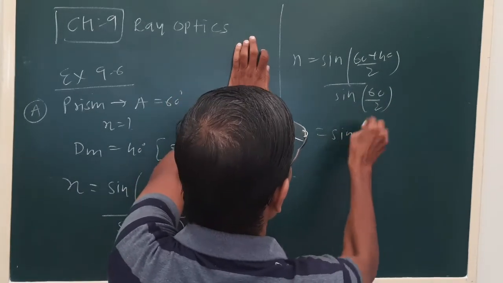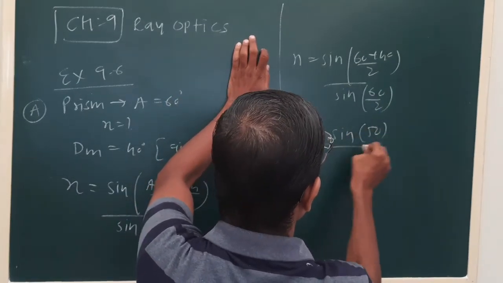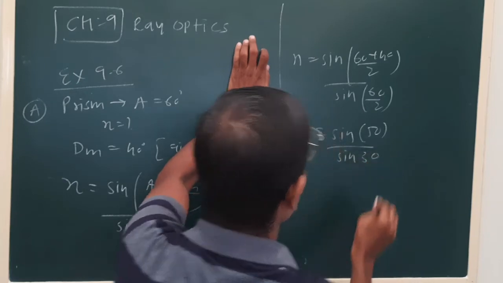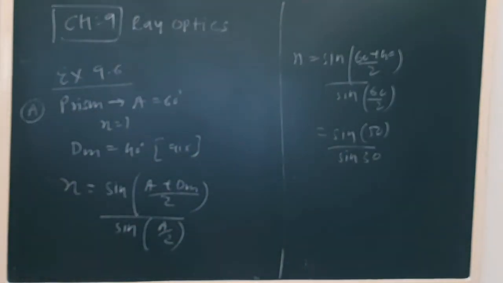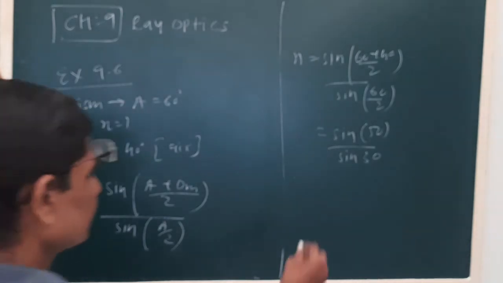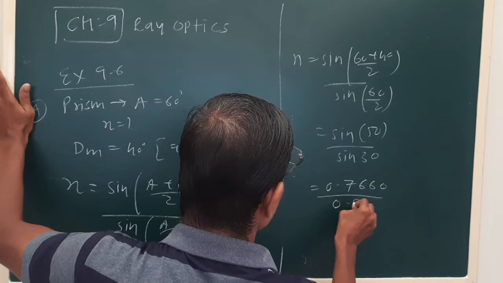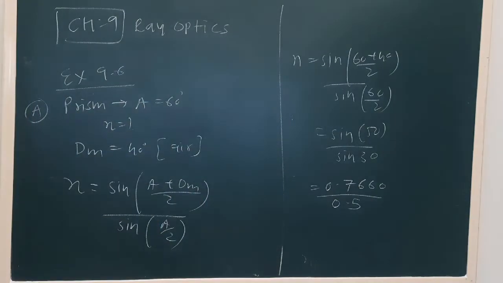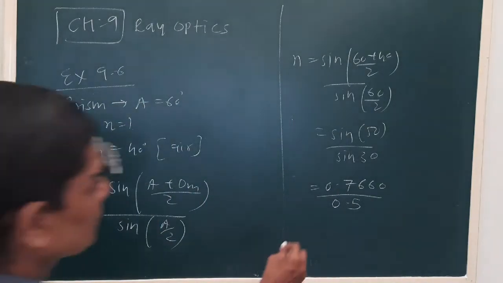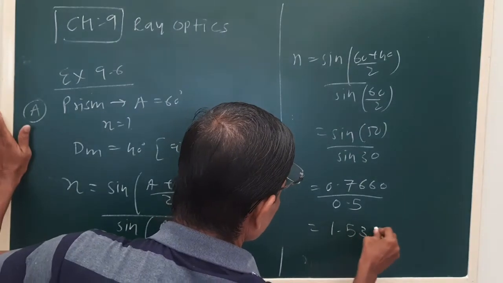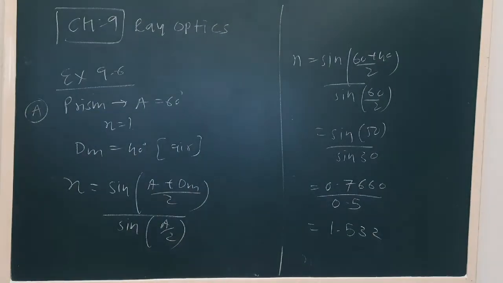So it will be sin 50 upon sin 30. Now the sin 50 value you can see from the natural sine table, 0.7660. Sin 30 is known to you, 0.5, so the refractive index we get is 1.532.